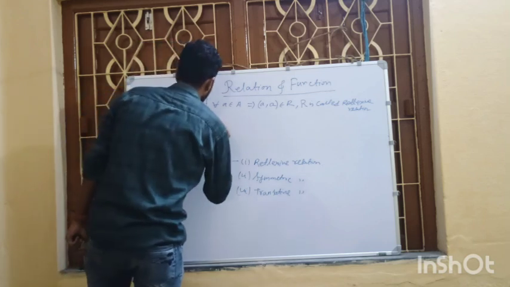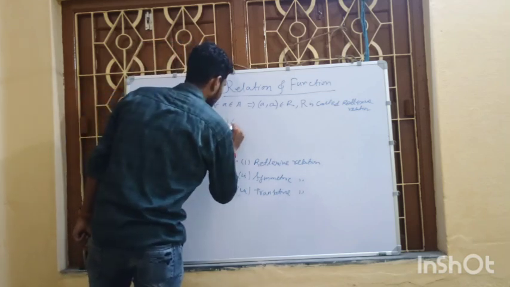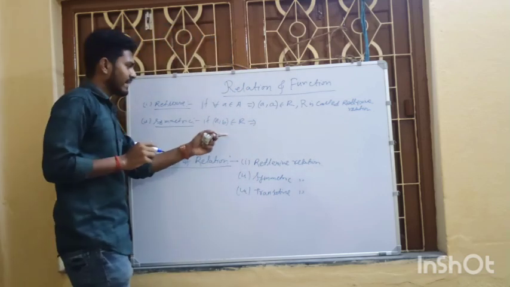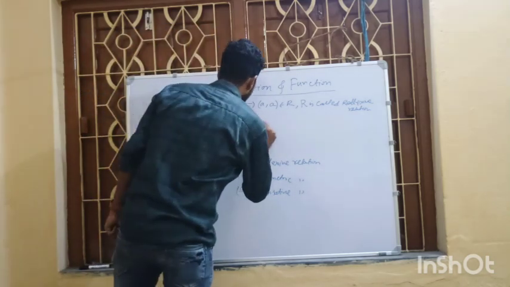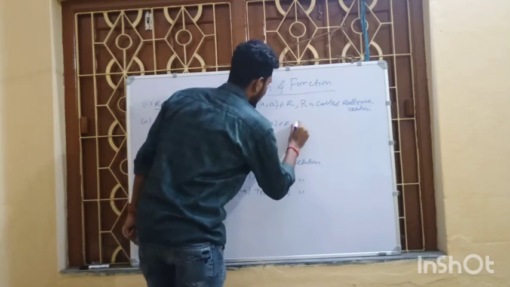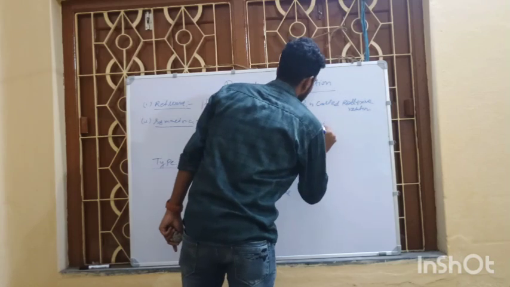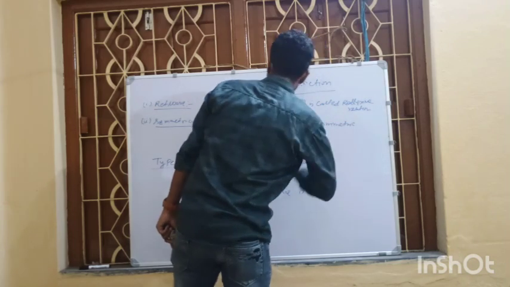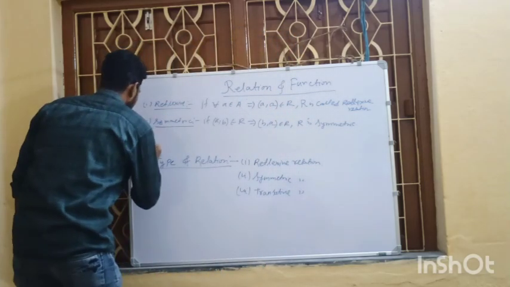If (a, b) belongs to R, this implies that its opposite, (b, a), also belongs to R, then R is called symmetric. And the next topic is transitive.